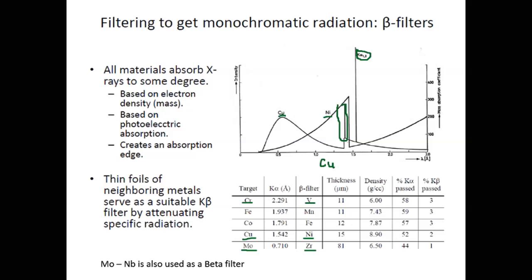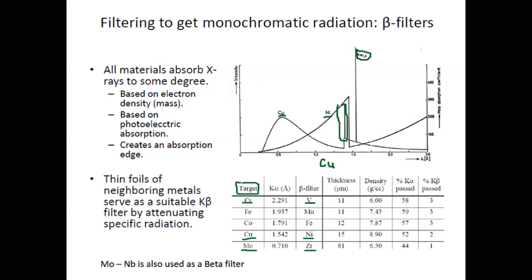Again, the target is the metal that we use to strike high energy electrons to produce the characteristic X-rays. And I'll show you an example of a target coming up. So the targets are metals that the high energy electrons strike to emit X-rays.